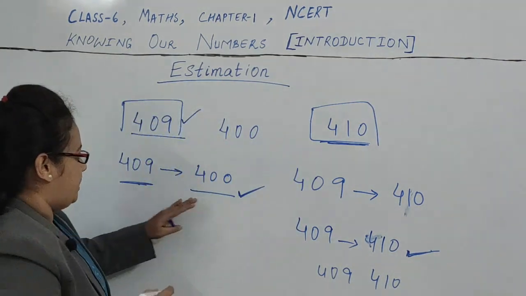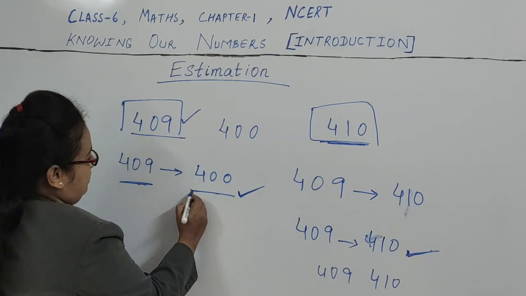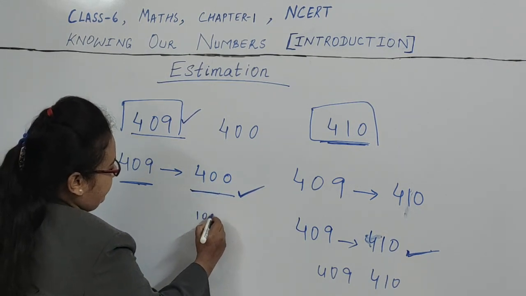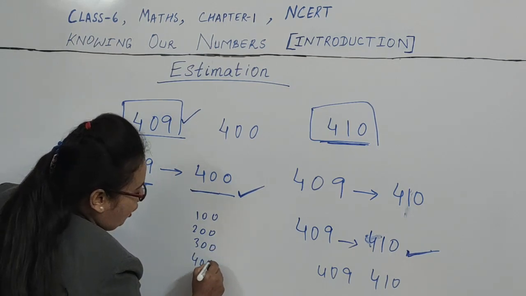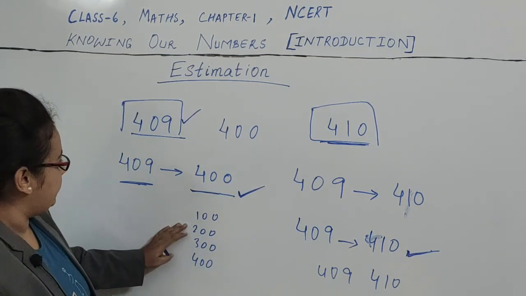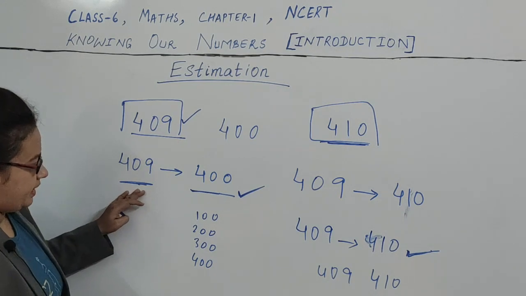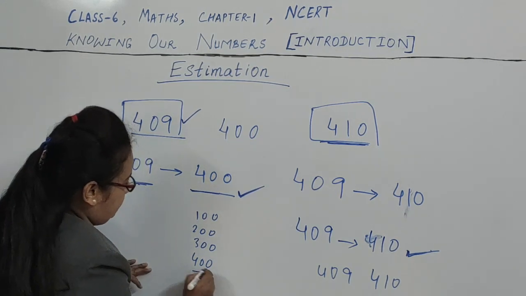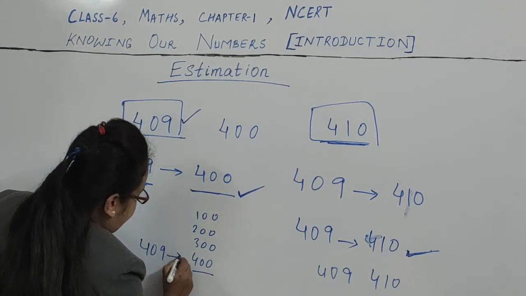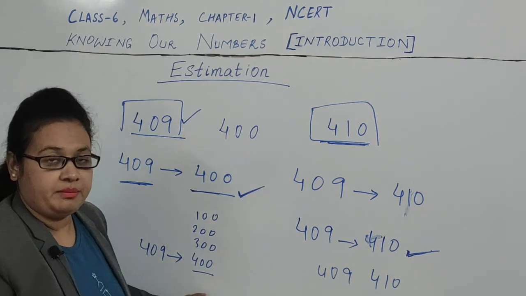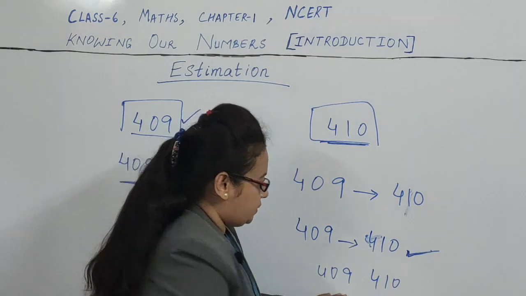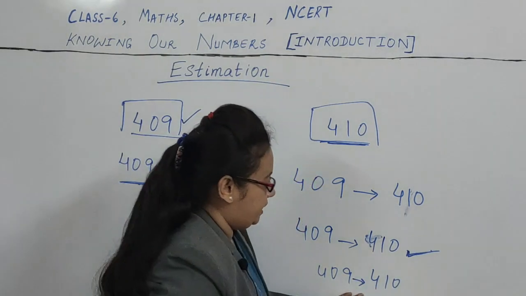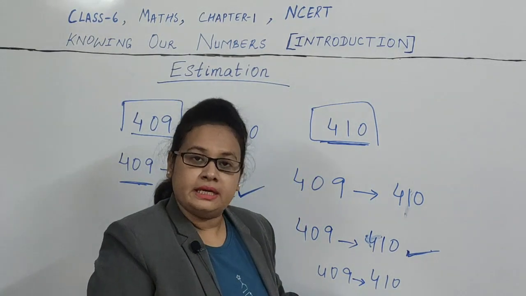And what is the nearest hundred? 100, 200, 300, 400: these are all hundreds. So the nearest hundred for 409 is 400. This way of rounding off is known as rounding off to the nearest hundreds, and the other way is rounding off to the nearest tens.